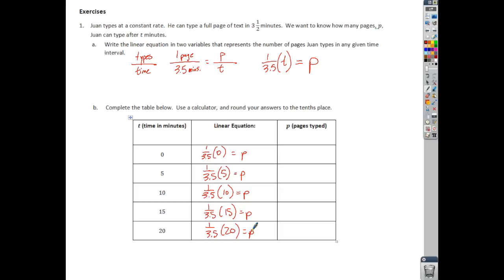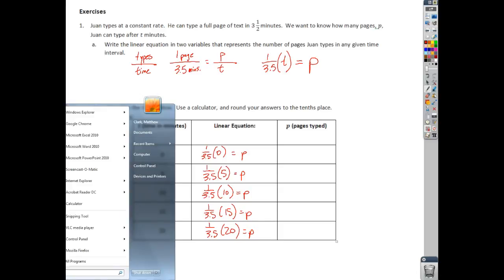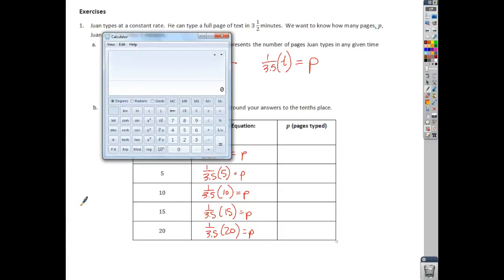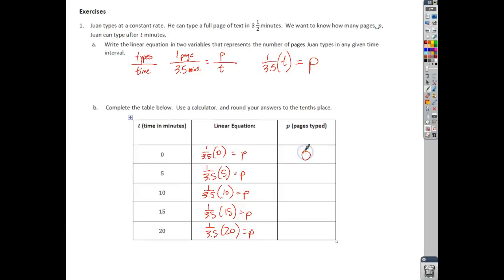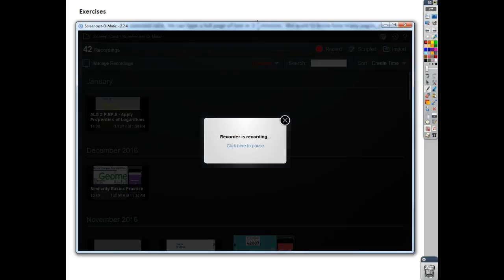I'll do the first couple, and then I'm just going to plug in the answers here. The first one is just going to be 0 pages, right? If he hasn't been typing at all, he's not going to have any pages. That one is pretty self-explanatory.